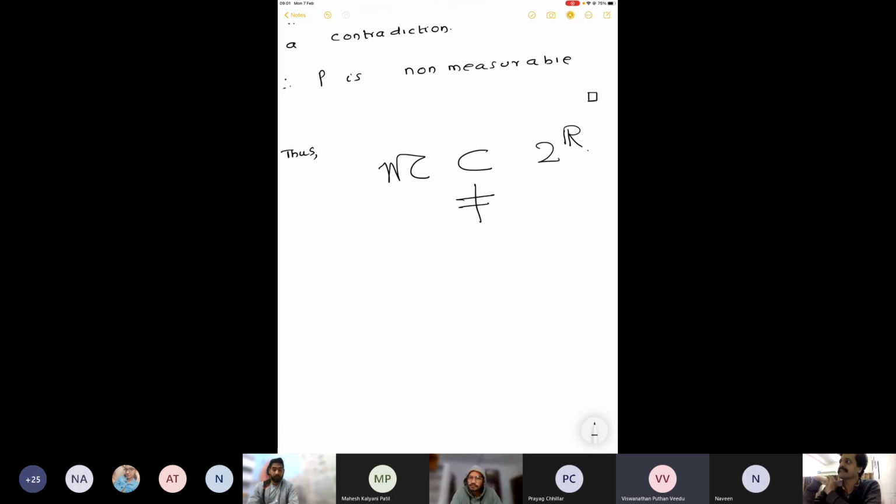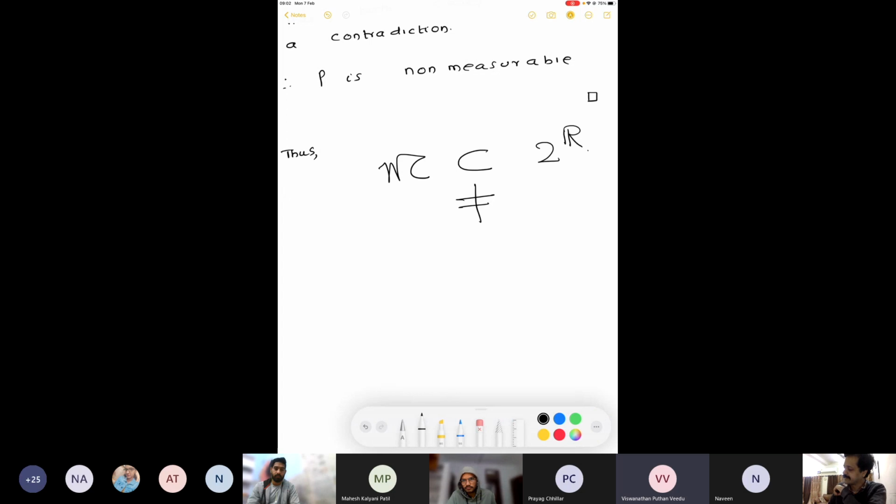The functions which are differentiable at least at one point form only a first category set, whereas functions that are nowhere differentiable form a second category set. Okay, and first category sets are called meager sets. Meager. Have you heard about that word?